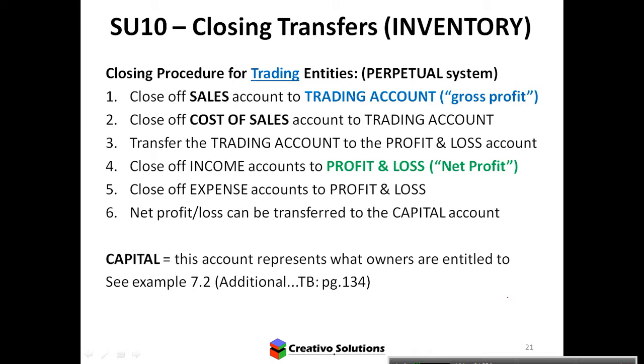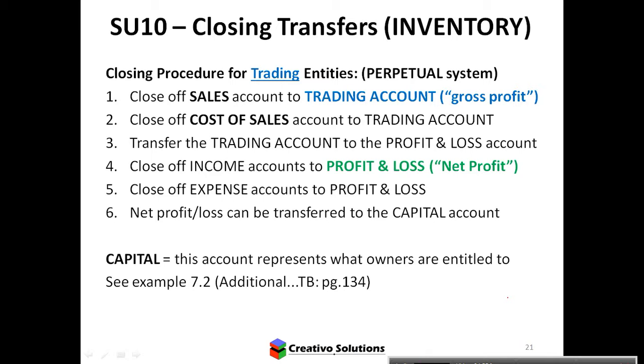Perpetual. Perfect. If you're using perpetual, will I have cost of sales? Yes, and it will be accounted for separately. There's no need to calculate it because it's given in the question. Trading account is used to calculate the gross profit. Income and expenses will affect the profit. That'll either lead to a net profit or a net loss.